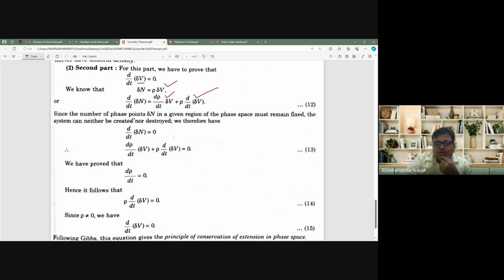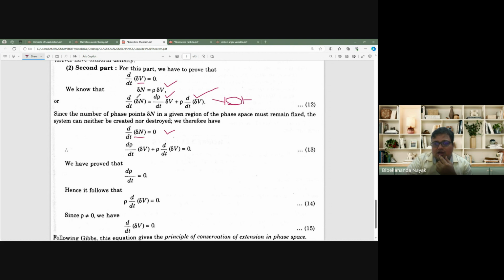Since the number of phase points δn in a given region of phase space must remain fixed, the system can neither be created nor destroyed. So there is no source or sink, whatever enters should leave the system. There is no source or sink inside the phase space. That means the variation of δn with time is equal to 0. It should always be constant.